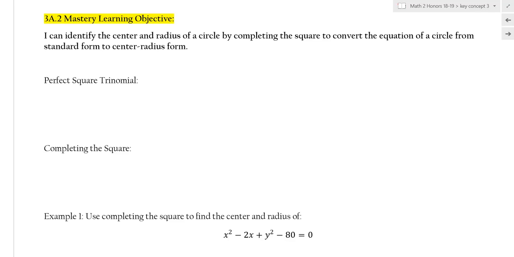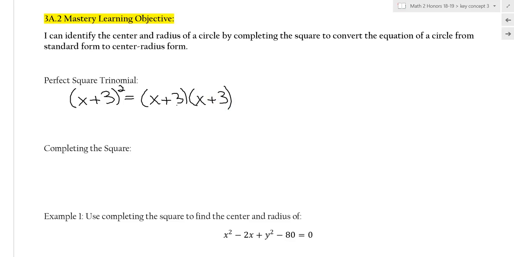So for example, if I have, let's say, x plus 3 squared, right? Squaring something is the same as saying that I'm multiplying it by itself, right?